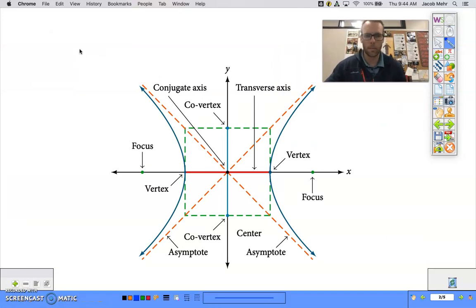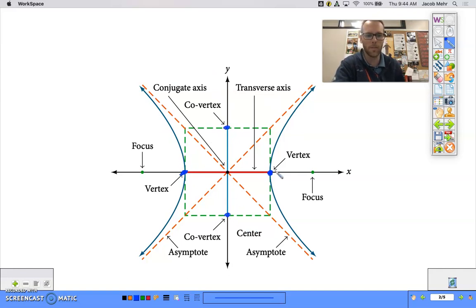When we look at a hyperbola, and here we have one that's much wider than the one that I graphed, we have a vertex there and there, so two vertices. Just like an ellipse had two vertices, a hyperbola has two vertices. The covertices are actually not a piece of the graph itself, but are right here and here.